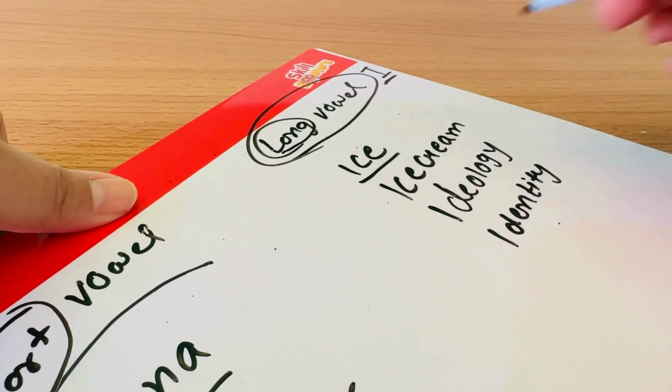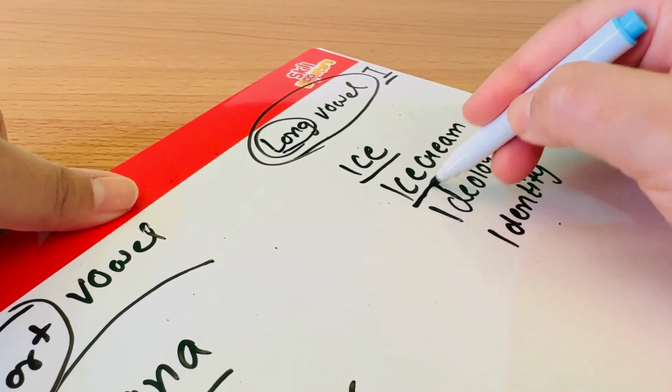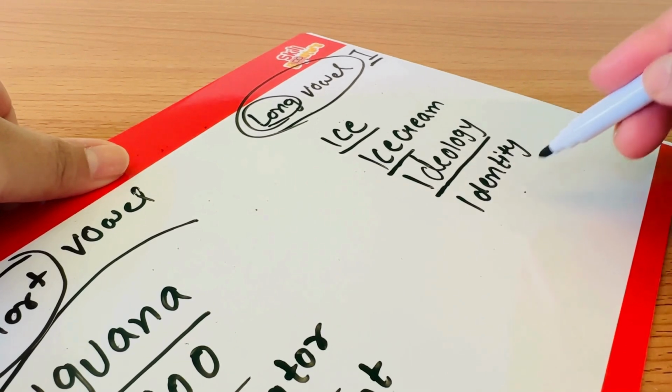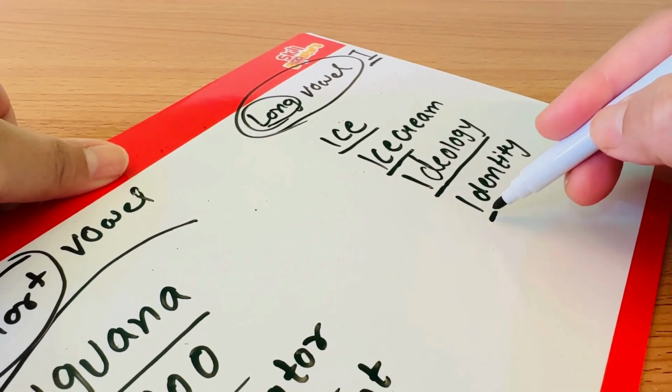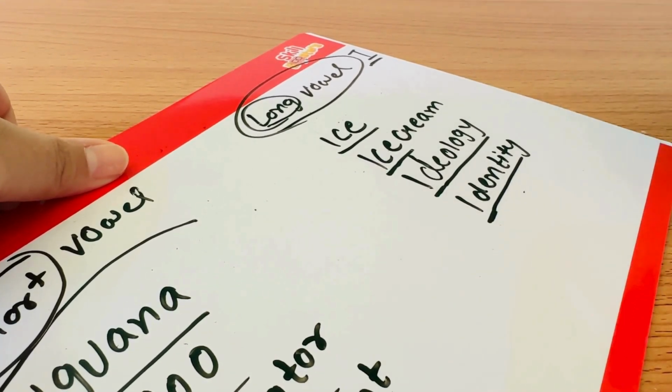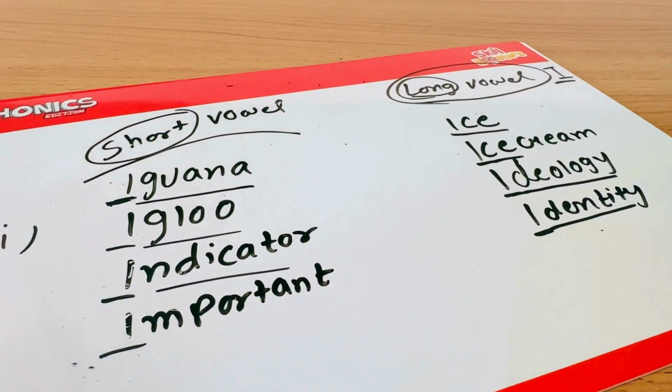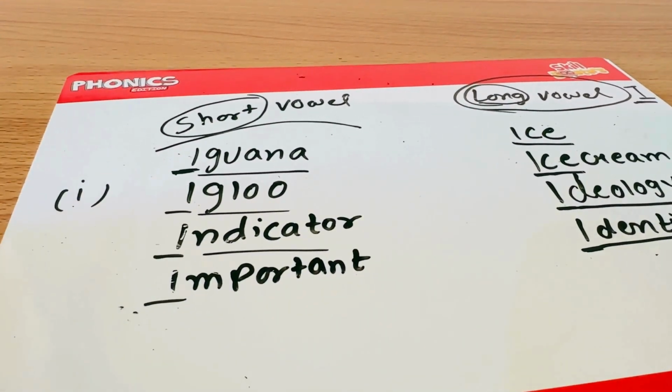I. Ice. I. Ice cream. I, ideology. I, identity. I hope, friends, the short and long vowel sound of letter I is now clear.